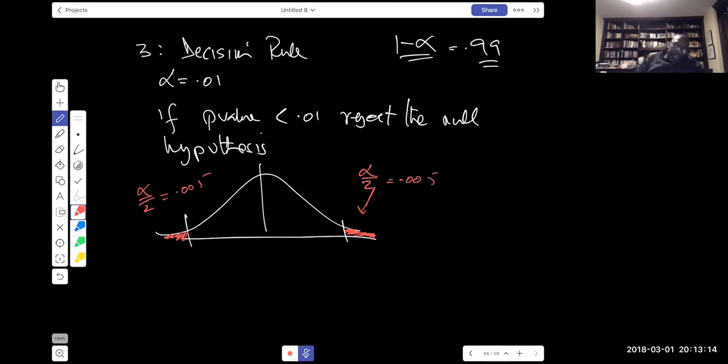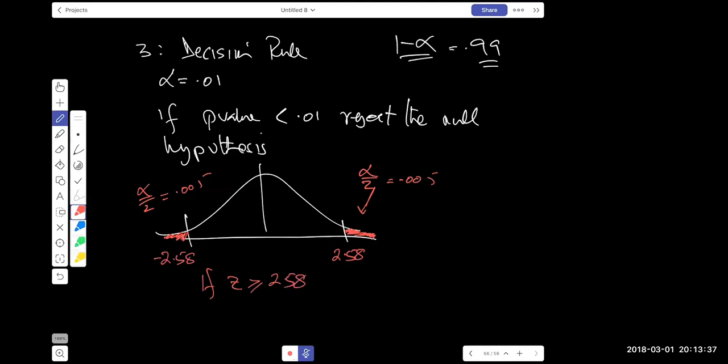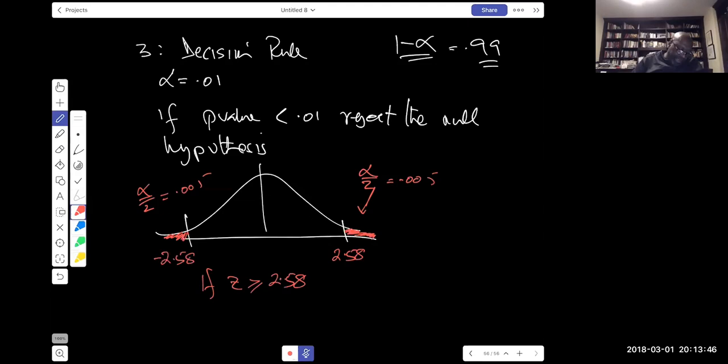When we look at the Z table, for 0.005, this should give us 2.58, negative 2.58. So in terms of the critical value approach, Z critical is plus or minus 2.58. Yes, correct, you got it.